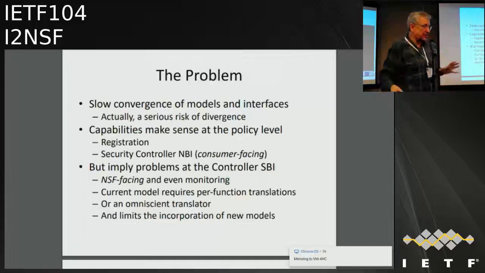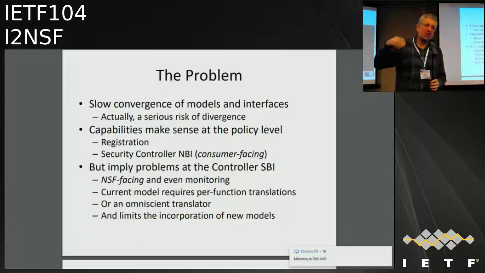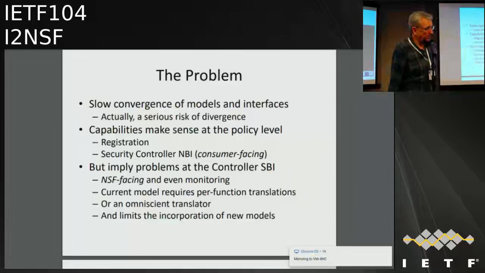Or the other option is a translator that is almighty, that knows everything, that can translate capabilities into all the different kinds of models that a network security function could follow for being managed. And something that helped at least myself in understanding the problem is precisely the IPsec controlling model that is brand new, and how you incorporate it into the current model.